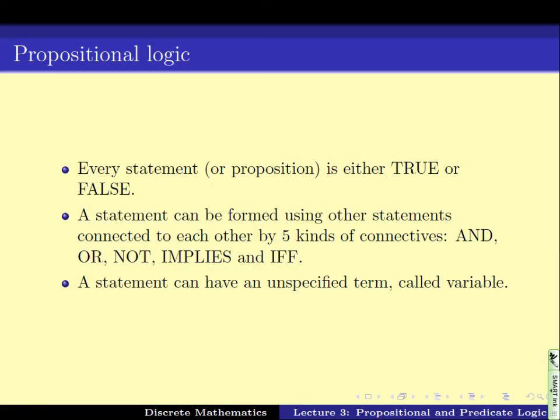We have also seen that any logical sentence, particularly any logical English sentence or mathematical sentence, can be converted to a logic statement, and that can be used to check whether the logical sentence is consistent or not.